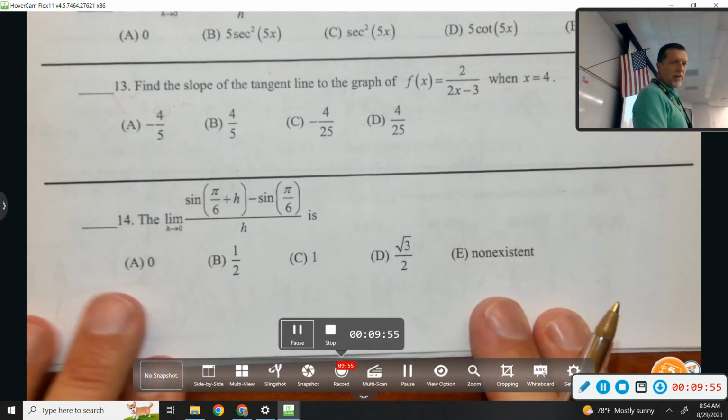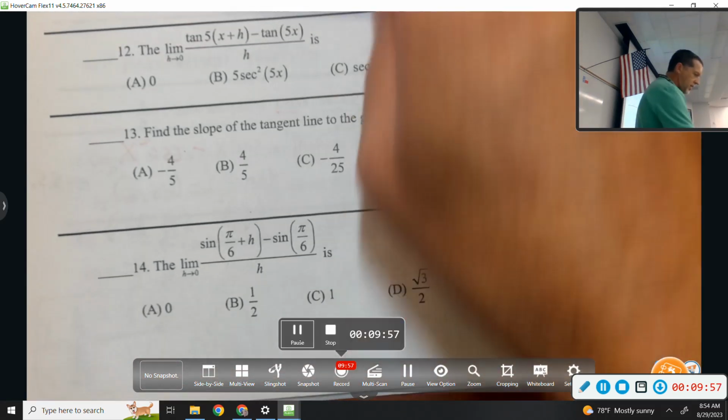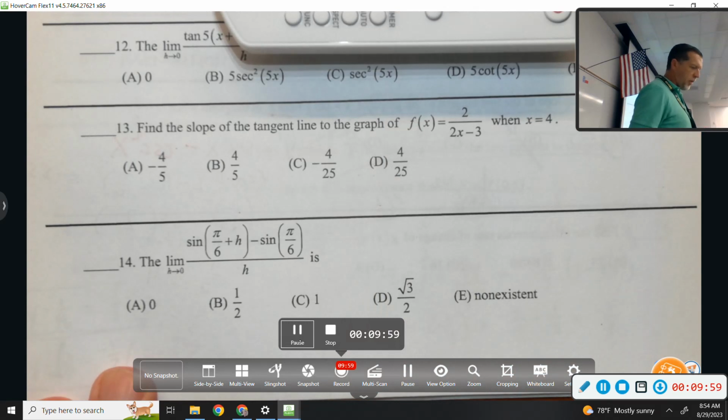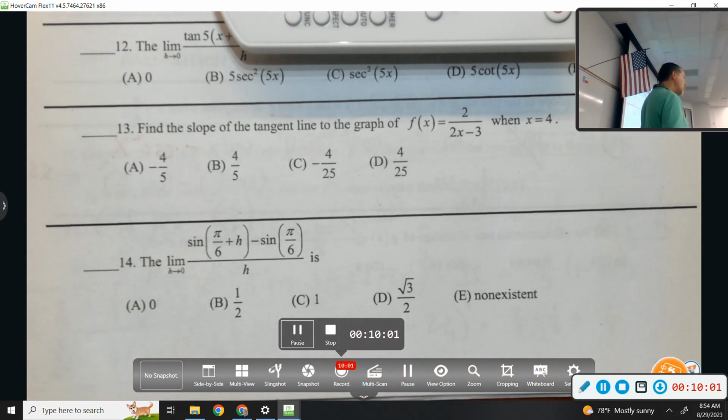14. I'm glad we hit one like this. We didn't in first period, so we paused and did one like it anyway. What's going on in 14? Can you tell what that looks like? What does that setup look like?